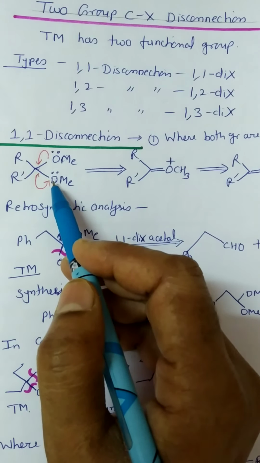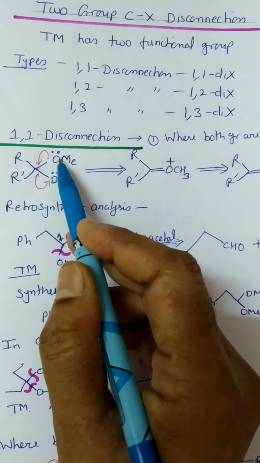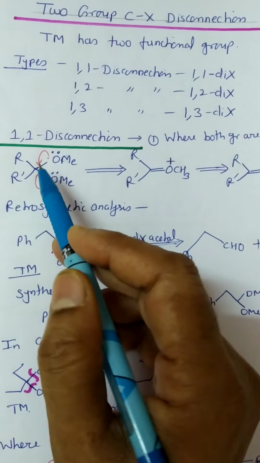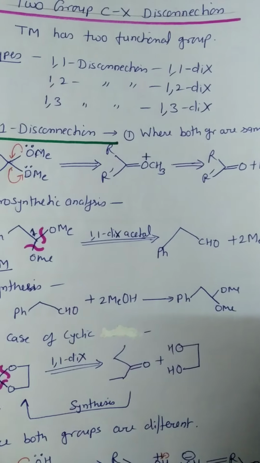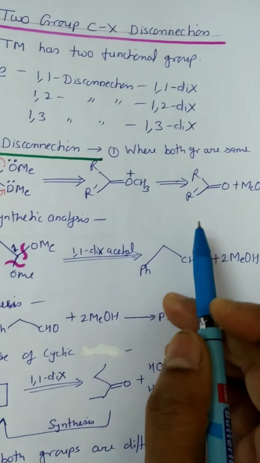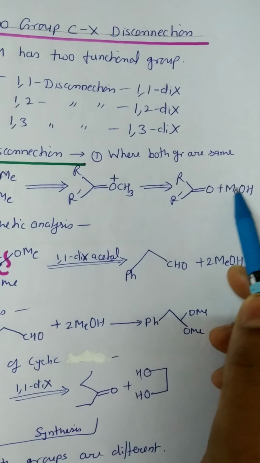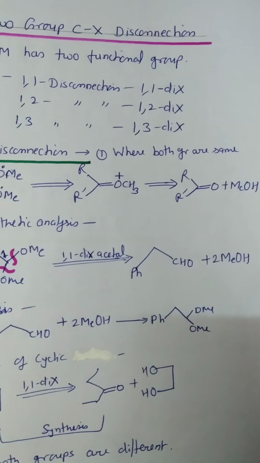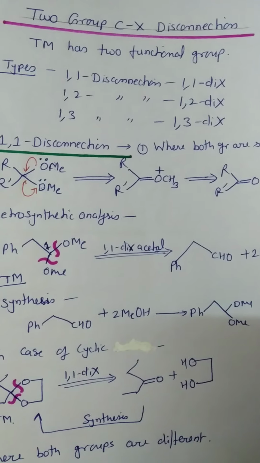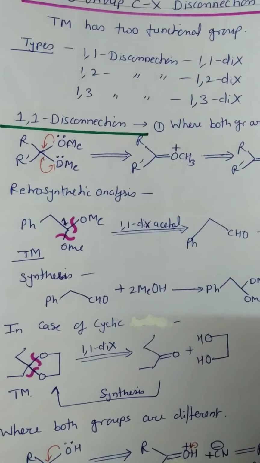At the same time, OMe donates its lone pair of electrons to this carbon atom, and the second structure is formed, which on further disconnection gives ketone and methyl alcohol. Therefore in this disconnection two molecules of methyl alcohol are removed from the target molecule.